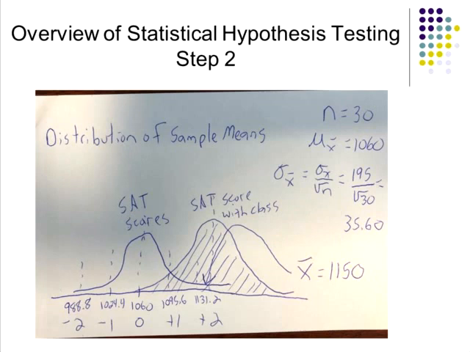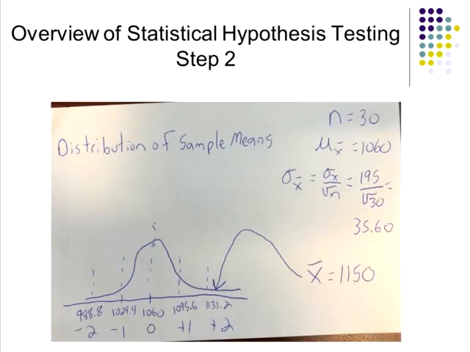Take a look there. The distribution on the left is the distribution of sample means for SAT scores, the same as the last slide. But now what I've drawn here is a hypothetical, a new curve. Is it possible that I have literally shifted the average with my class? So on the left is SAT scores without class, and on the right is SAT scores with class. So the question is, what do I believe?